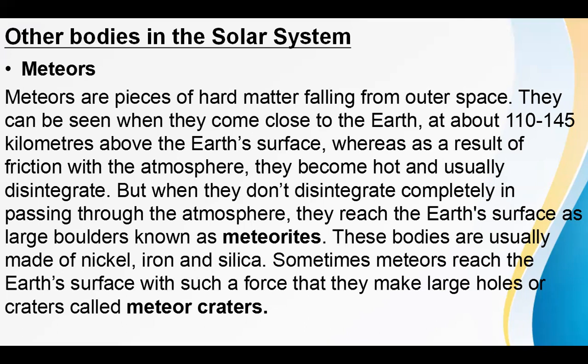These are the main components making the meteorites, and sometimes meteors reach the Earth's surface with such a force that they make large holes or craters known as meteor craters. So you might notice that there are meteor craters around the world. They are formed during the falling of these meteors to our Earth's surface.